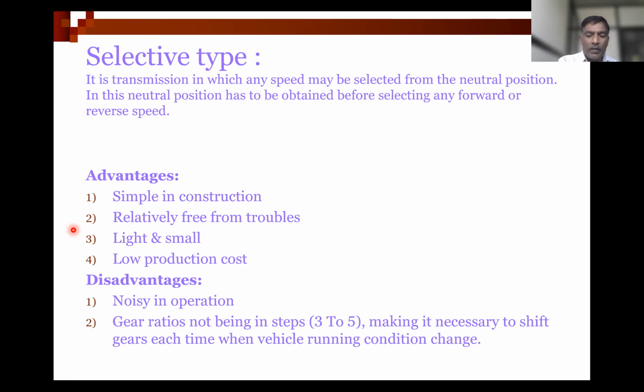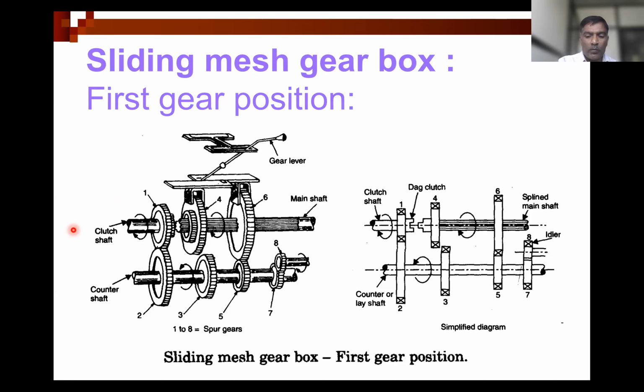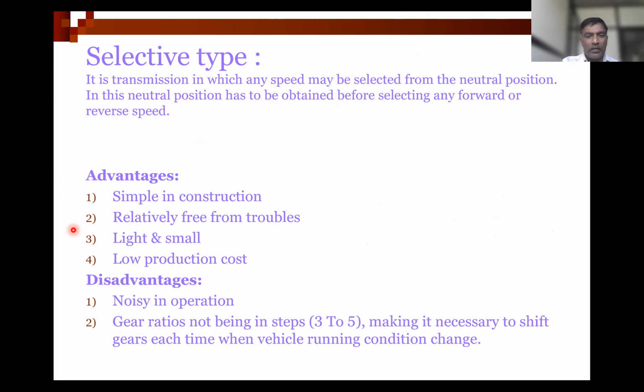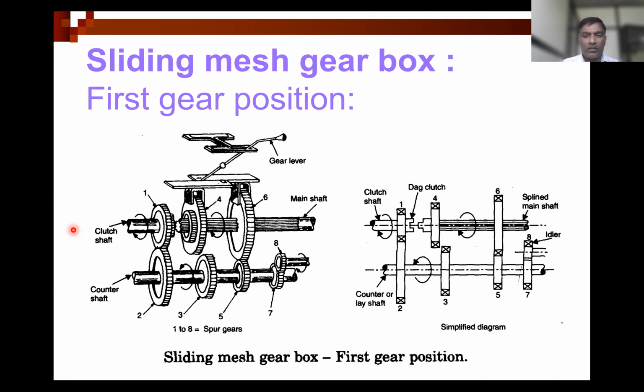In the selective type of gearbox, there are different types: the first one is sliding mesh, the second is constant mesh, and the third is synchro mesh gearbox. Now let us see this selective type of gearbox one by one.